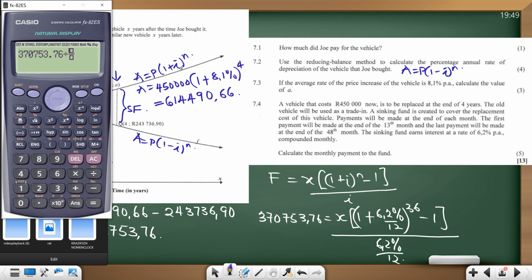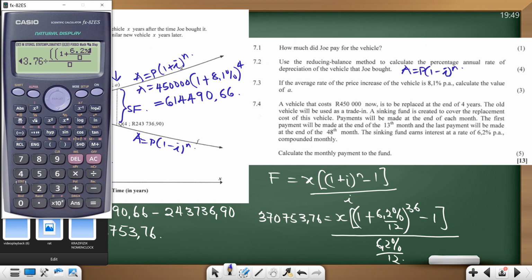And what do I have? You can open 2 brackets. 1 plus 6.2%, and somehow I don't like the 0. Are you aware of that? If I say 5 divided by 100, you get 0.05. But there are sometimes you write 0.5. Allow your calculator to do all the work.